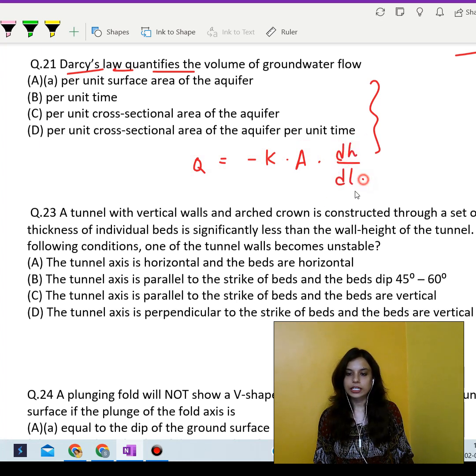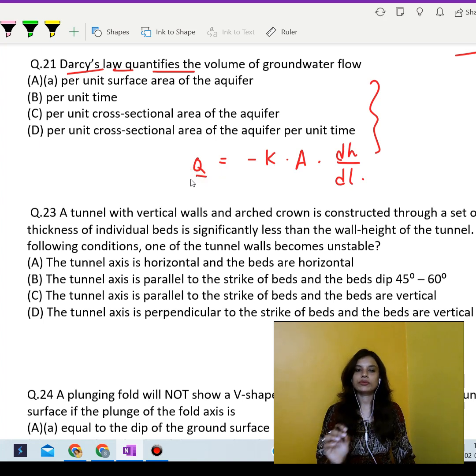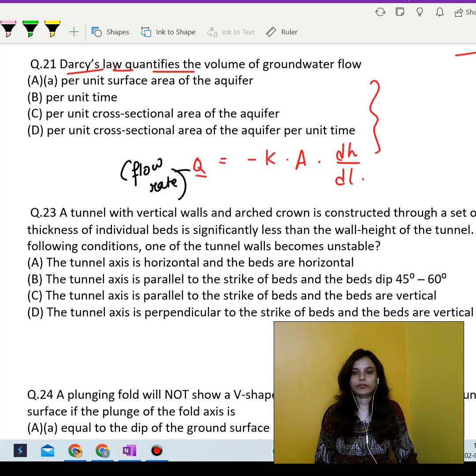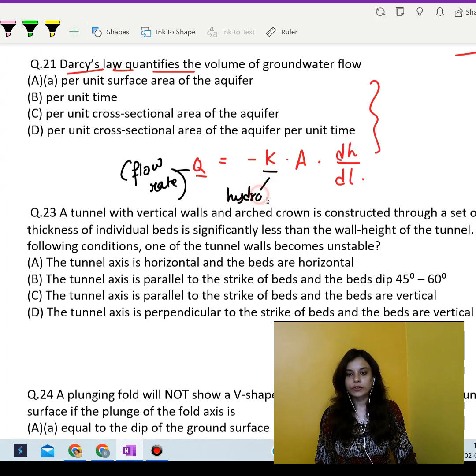K A dH/dl. That's the formula, where Q is the volume of groundwater flow per unit time, that is the flow rate. K is the hydraulic conductivity of the aquifer material.